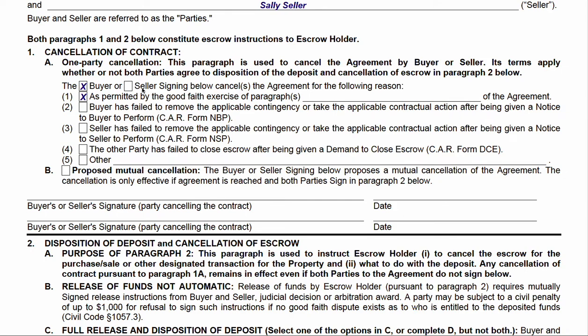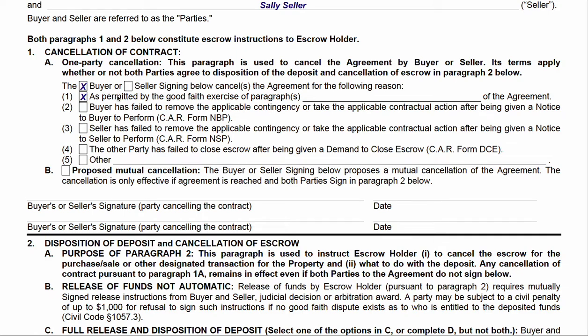Now, typically what happens is a buyer will cancel during the inspection period, or maybe even based on the loan contingency. In that case, which is probably the most common reason why there's a cancellation, the buyer will come in here and check the box buyer. They're the party that's initiating the cancellation.